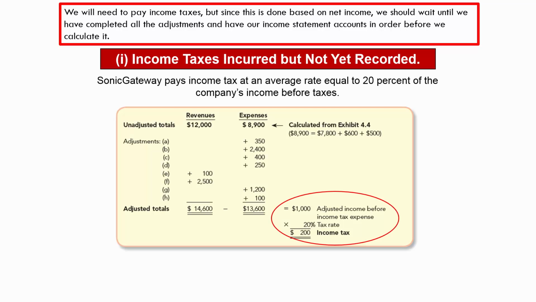If we go to the financial statement as it stands now, after our adjustments have been put in there, we can see that they have a net income of $1,000. The tax rate is 20%, meaning they will have to pay $200 in income taxes based on this net income.